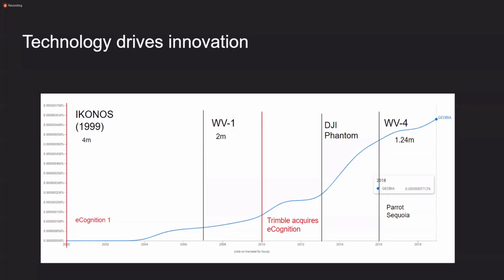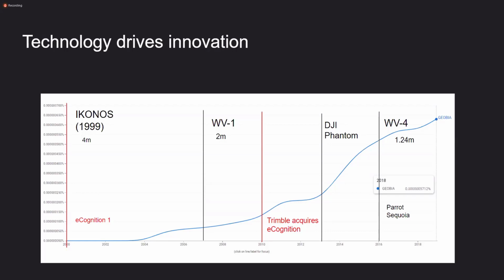So as with all remote sensing science or Earth observation science, technology really drives the methods that we use. I went to Google Ngrams and did a quick search to see the popularity of the term GEOBIA. You can see between 2000 and now it's really taken off. Along with that, the sensor resolutions available to us have become sharper.